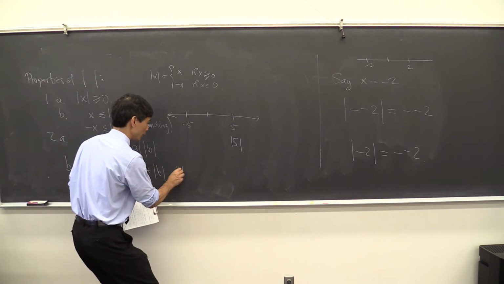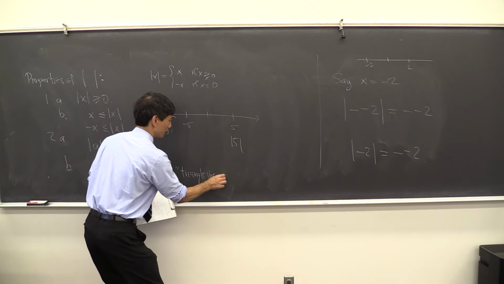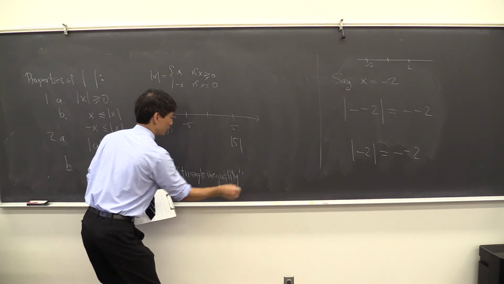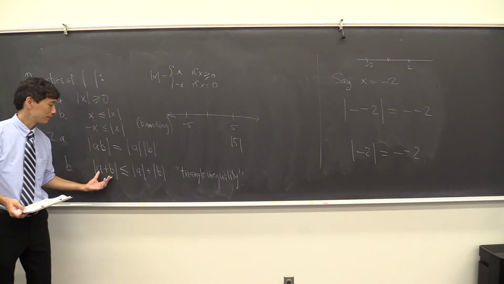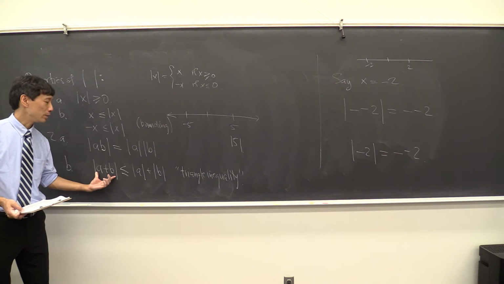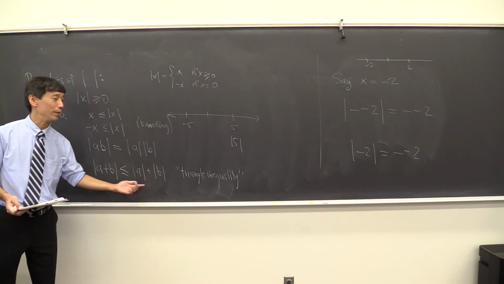Okay. So this is something called the triangle inequality. The triangle inequality: the absolute value of a sum is always smaller than or equal to the sum of the absolute values.